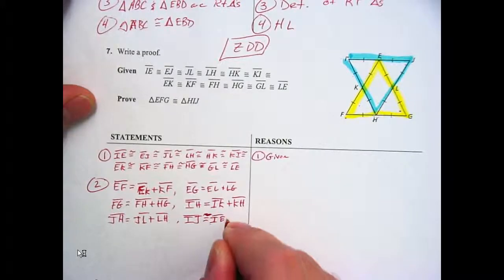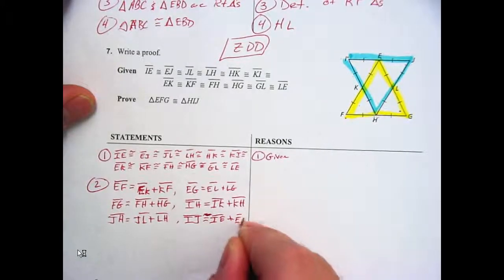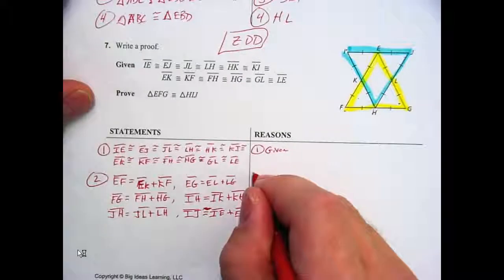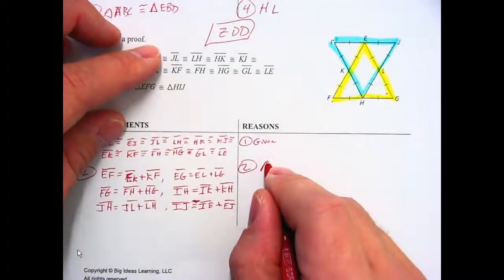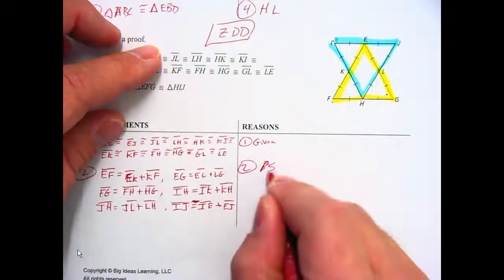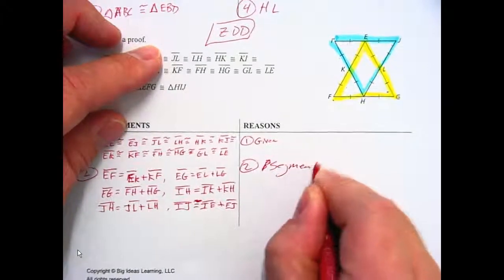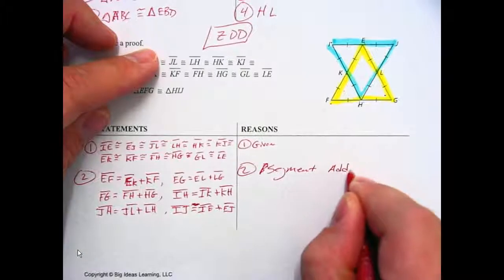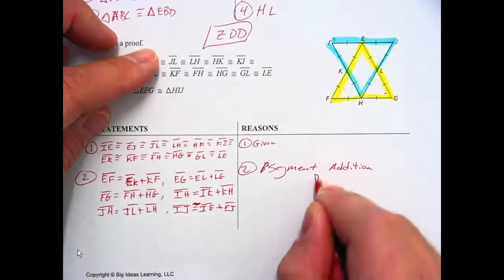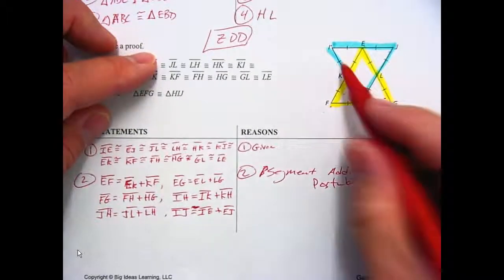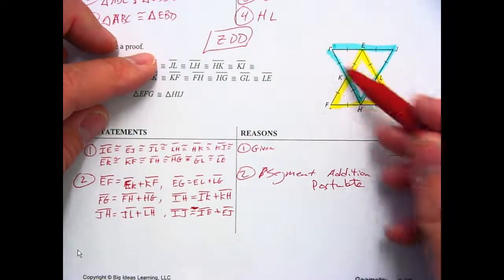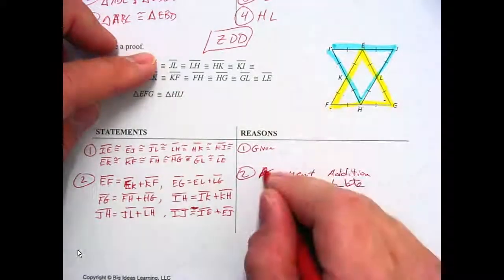Okay. Now, how is that helpful? Well, first, that's called the segment addition postulate. That just says that the segment's made up of these two parts, you put those two things together, it makes the whole segment. How does that help us?